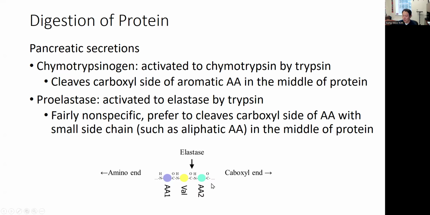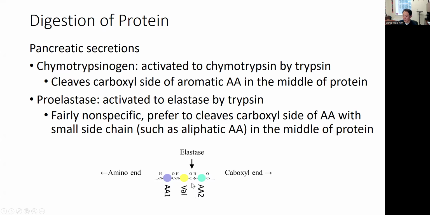As an example, this is a small section of a polypeptide. Left is the amino end, right is the carboxyl end, and elastase will look for the R group of an aliphatic amino acid. Here the elastase found the valine. Valine has 3 carbons as an R group, and it will cleave the peptide bond on the carboxyl end of valine here.